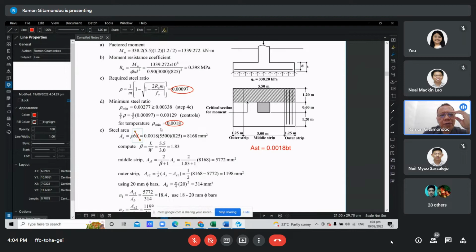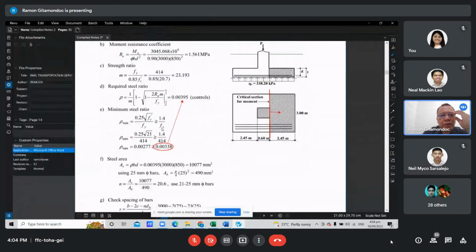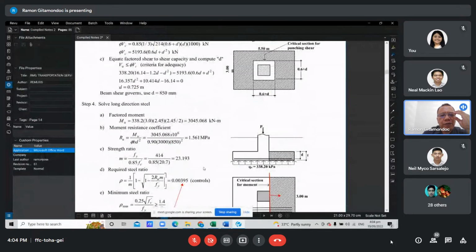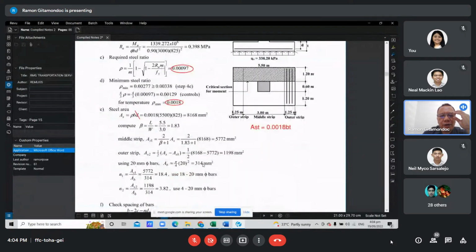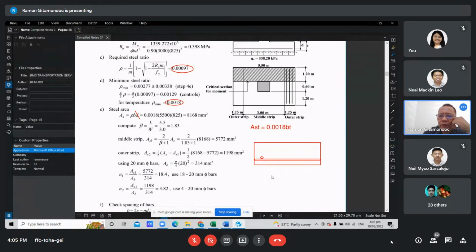What we computed here was 850, so maybe it should be 825. The reason is that for the thickness of the footing, this is our long direction steel. We place the short direction steel on top of the long direction steel. So that effective depth will be 1 bar diameter less than that in the long direction.